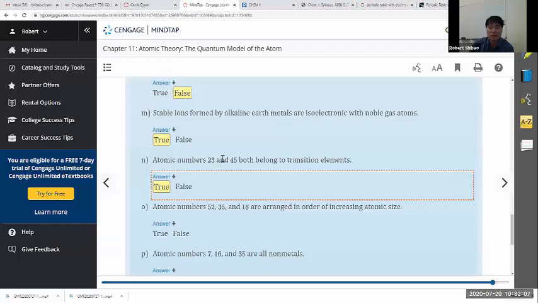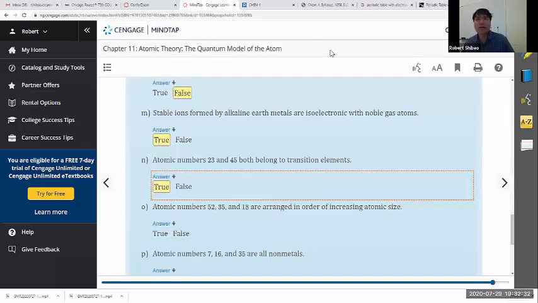I misread this. You have to be careful with multiple choice. Sometimes you can make mistakes by not reading the question carefully. And so I read it wrong. That's true.